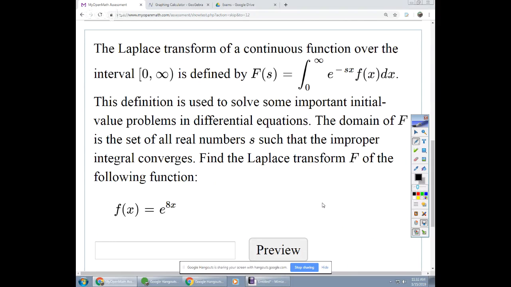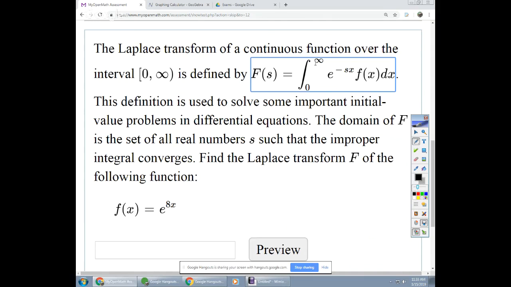If you're a science fiction fan, Laplace transforms take you into an alternate dimension where the rules of reality are slightly different. So I can do Superman-type stuff in this Laplace transform dimension. All right, so a Laplace transform says, given some function f of x, if you multiply it by e to the negative sx, where s is your new variable, then you get this other function.